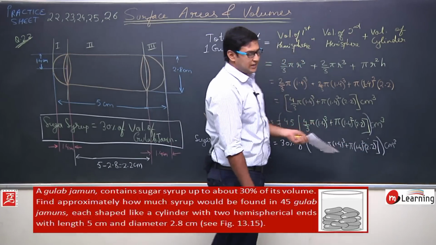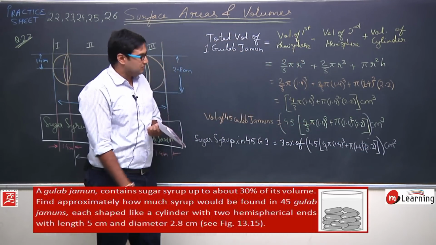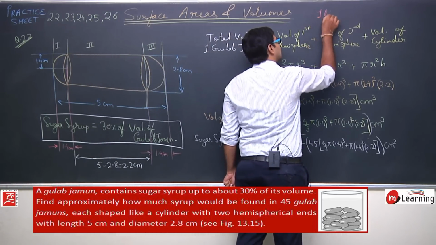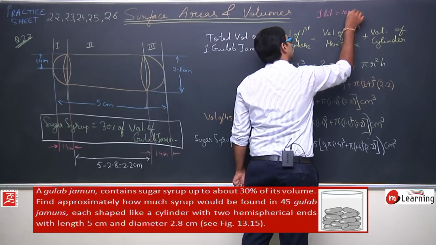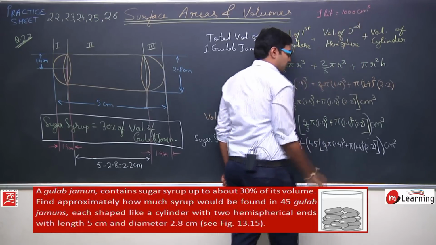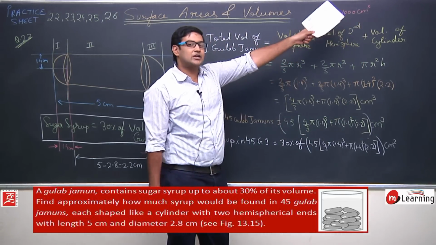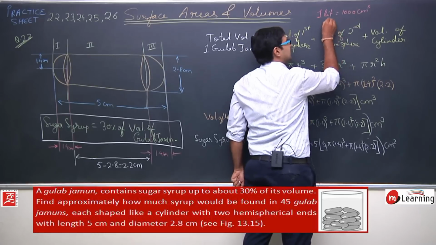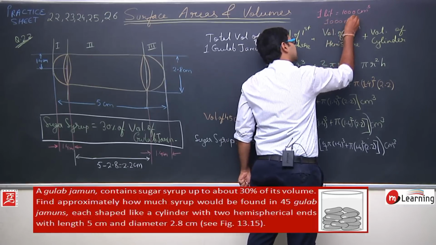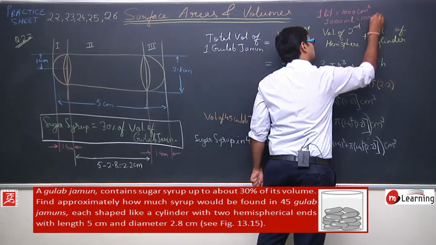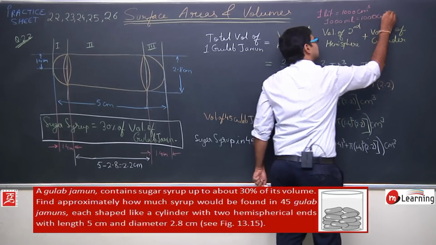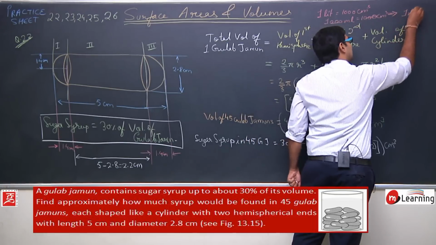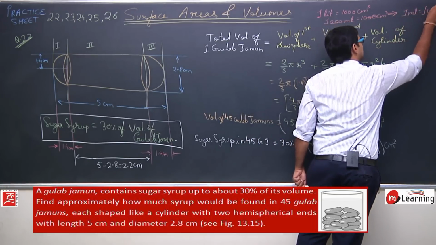I can write it in milliliters or liters, and for that we have a relation that 1 liter is equal to 1000 centimeter cube. 1 liter is also 1000 milliliters, which is equal to 1000 centimeter cube, so the 1000 and 1000 get cancelled, and 1 ml is equal to 1 centimeter cube.